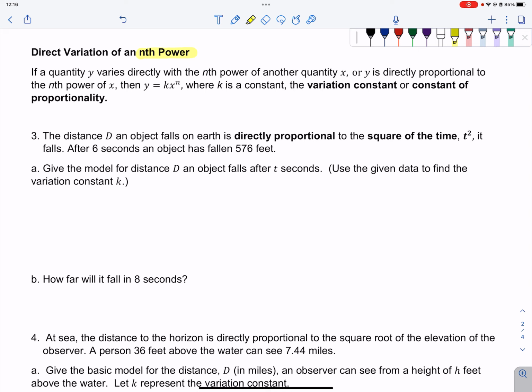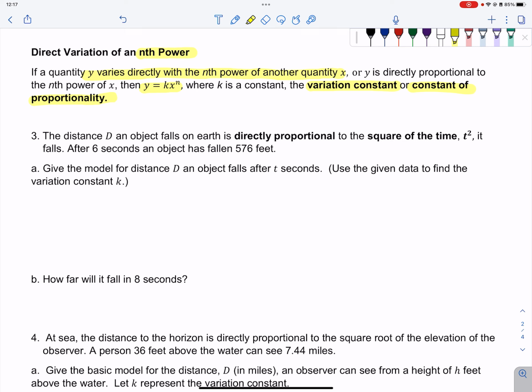If we see a statement like y varies directly to some power of x, like the square of x, the cube of x, or the square root, something that indicates an exponent on that x, then we're going to have y equal to k times x to that power, here called n, where k is our variation constant, also called the constant of proportionality.